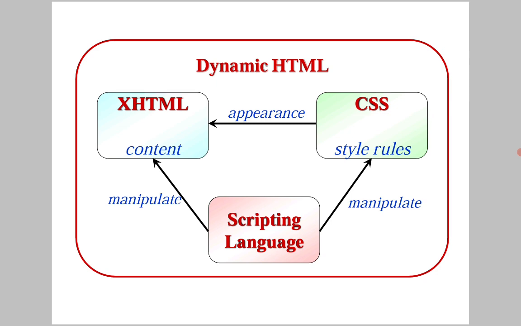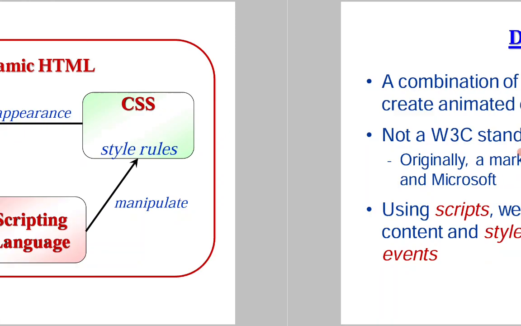So there are 6 components, and using all these 6 components is called dynamic HTML. This diagram explains how to use a DHTML script.